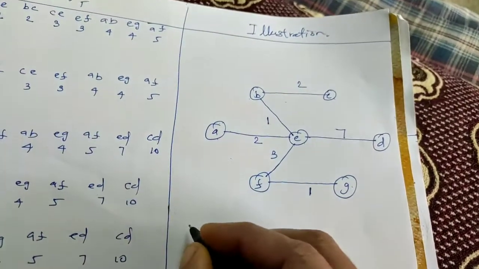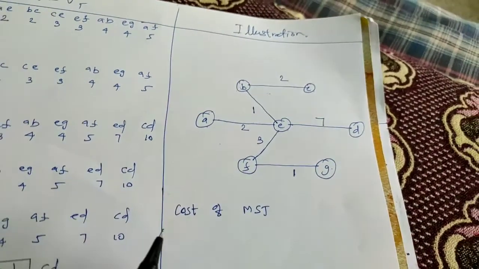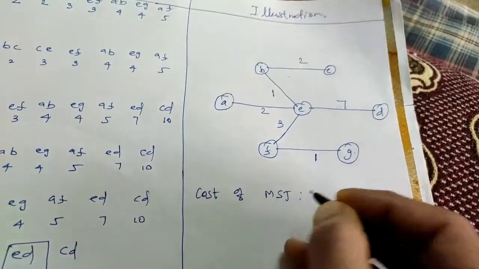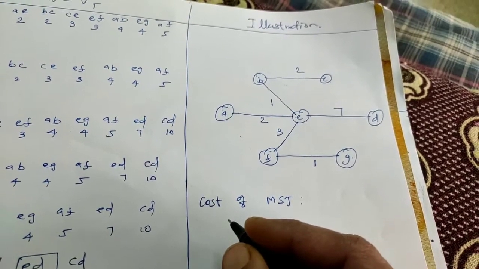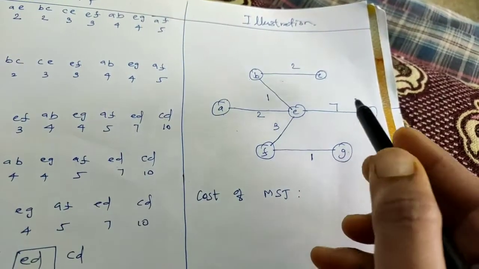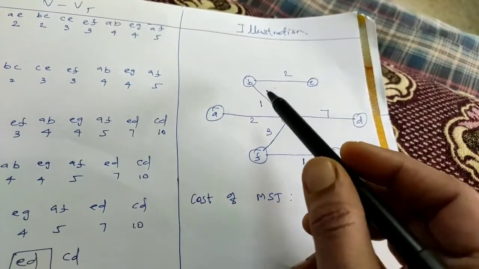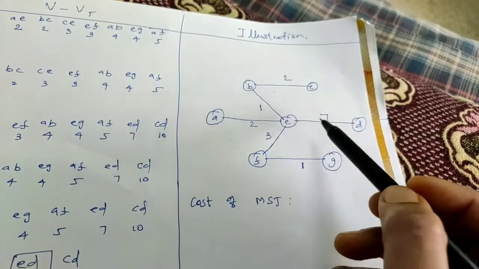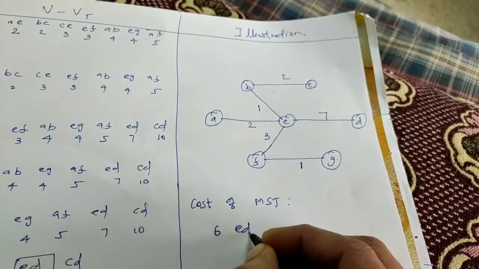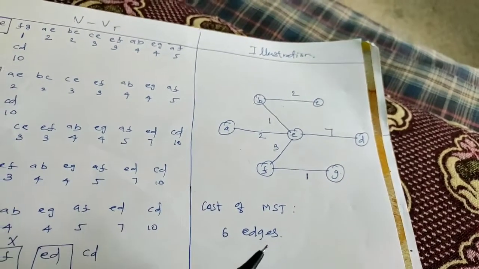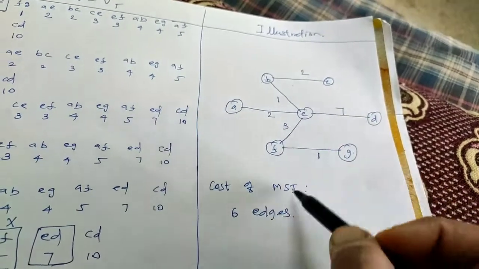Now we need to find the cost of the minimum spanning tree. As I told you for Prim's algorithm, in a similar way you need to find the cost of the minimum spanning tree. That is, add all the edge weights of your spanning tree. So I have totally 1, 2, 3, 4, 5, 6 edges in the spanning tree without forming a cycle. Add all these 6 edge weights together.